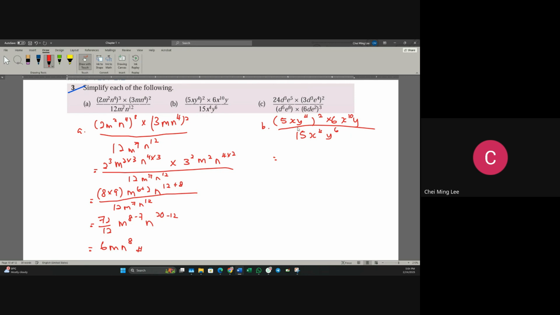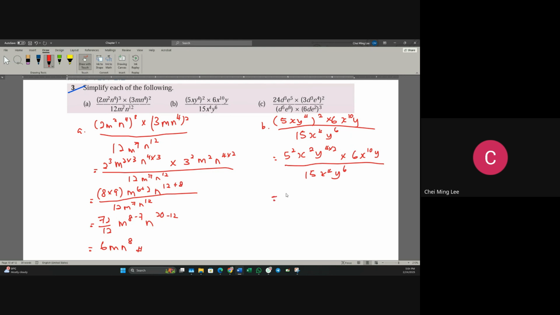So what happened here is we do like this: 5 to the power of 2, x to the power of 1 times 2 is 2, y to the power of 4 times 2, multiplied by 6x to the power of 10 y, then whole thing divided by 15x to the power of 4 y to the power of 6.